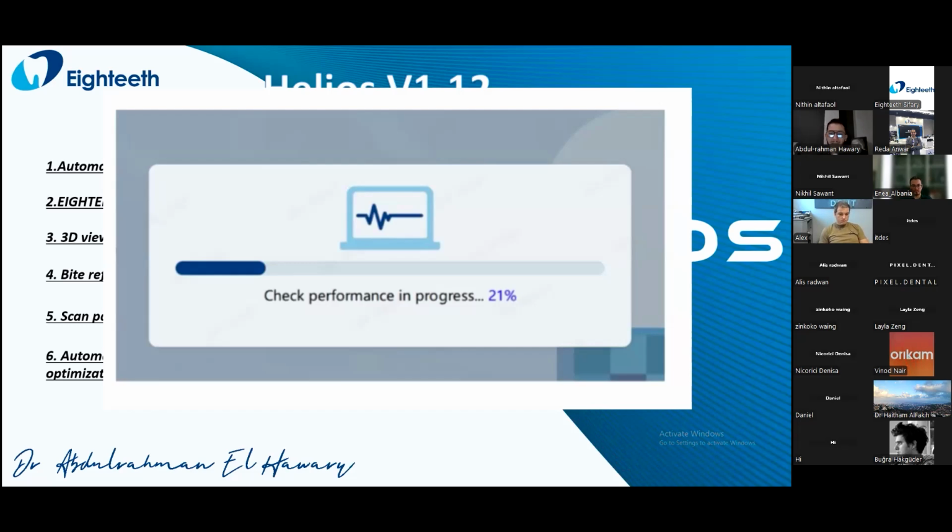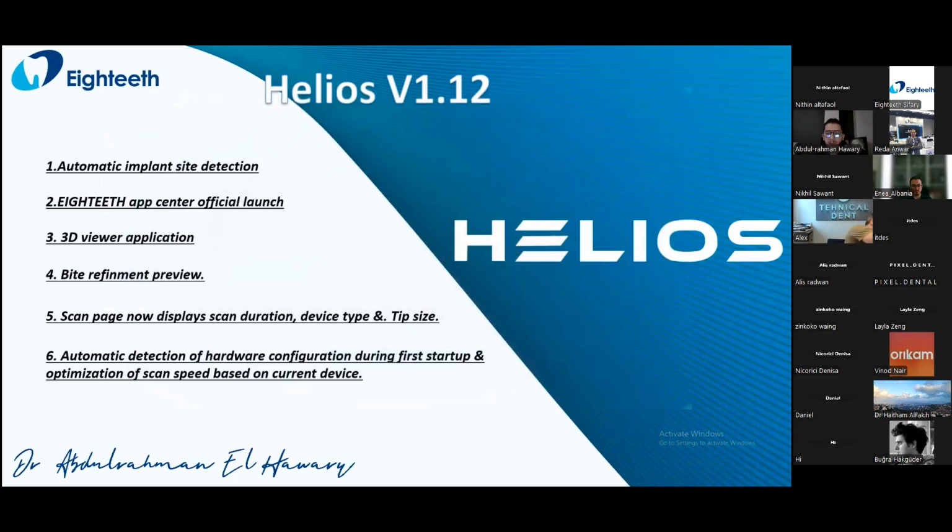So it will eliminate the discrepancies and the arguments that happen between the dealers and the clients concerning the laptop part. Now there are no opinions. The software will detect if there's degraded performance within the laptop, and whether the laptop is good enough to operate the Helios scanner just fine.